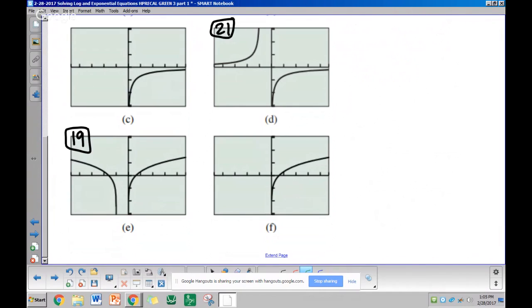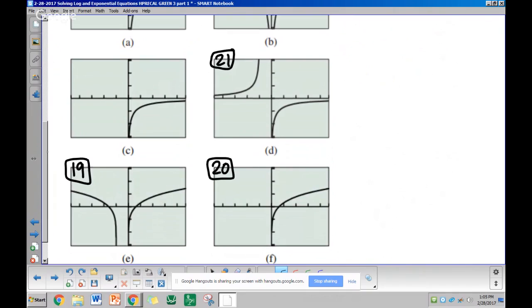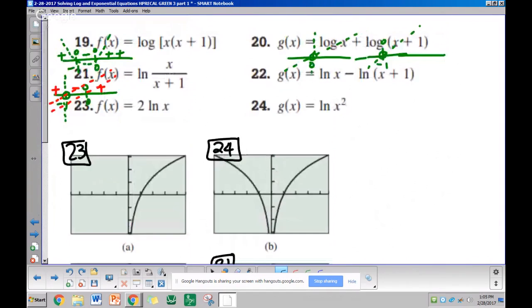I can agree with that. What number was that? I forgot. 20. If you simplify 20, don't you get the same thing as 19? You do, except that the domain is from the beginning. In the domain here, I've got some multiplication to consider that'll give me some positive area here. I'm not multiplying here, you know?